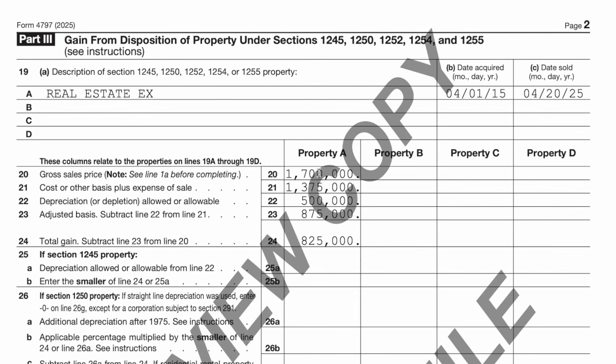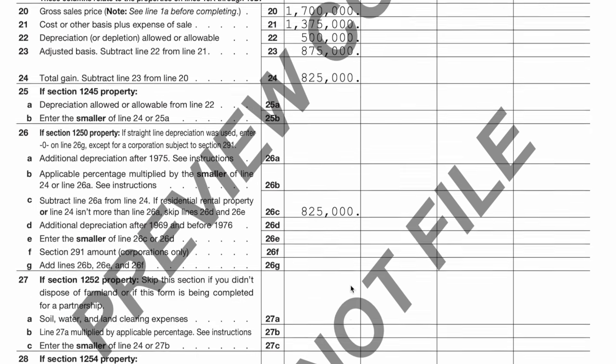Now, if we flip over to Part 3, we can see our building portion, the sale price of $1,700,000, our cost basis $1,375, and then $500,000 attributed to depreciation, our adjusted basis of $875,000, and therefore our gain of $825,000.